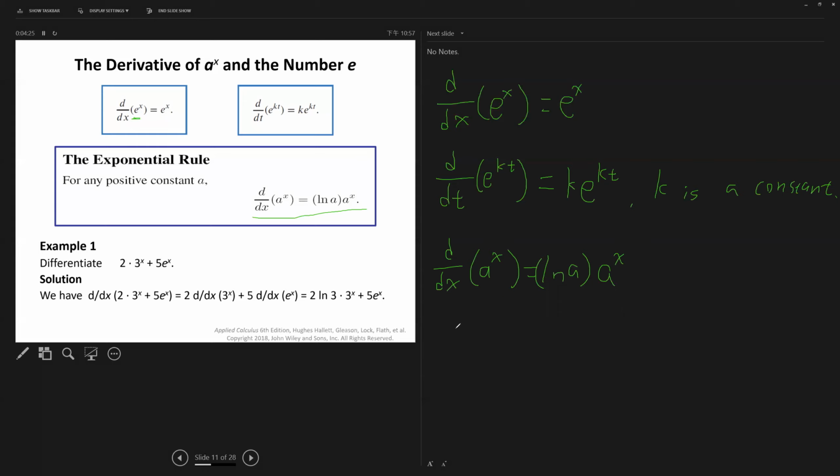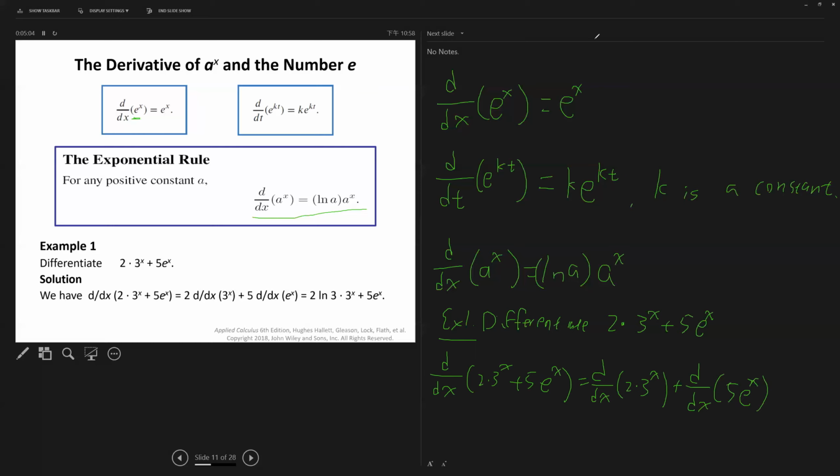All right, so let's look at a first example. Example 1, differentiate 2 times 3 to the x plus 5e to the x. To take the derivative of everything, it's the same thing as taking them separately. So d/dx of 2 times 3 to the power of x, plus d/dx of 5 times e to the power of x.